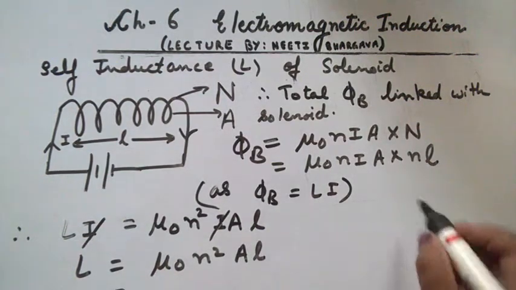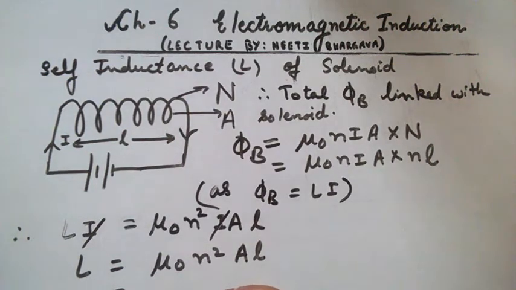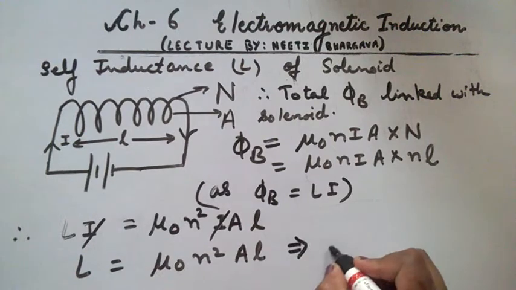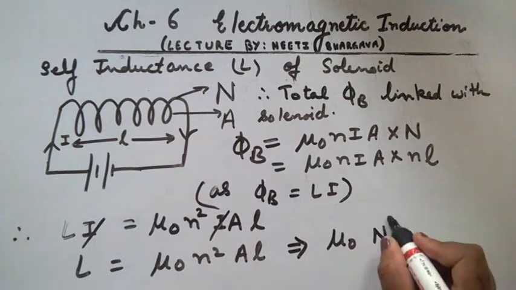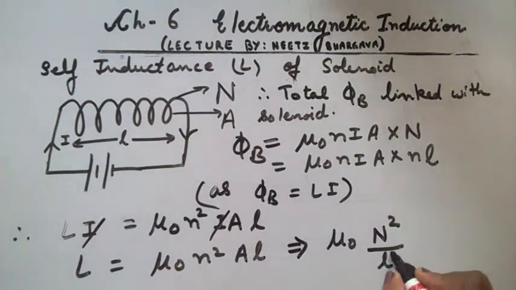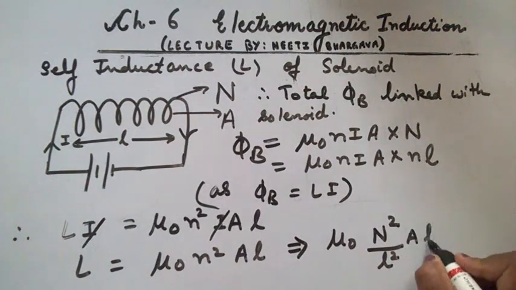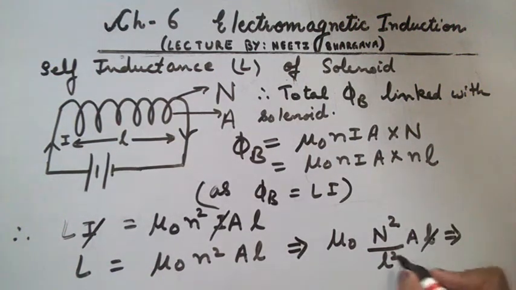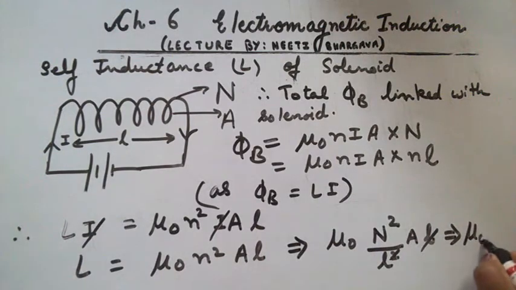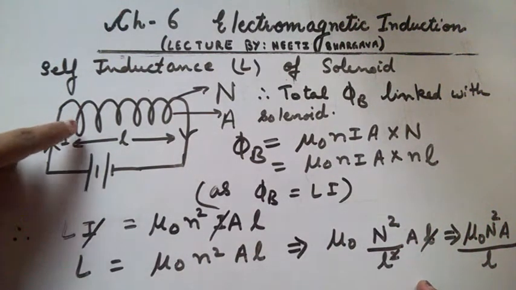As we have studied that capital N equal to n into l, therefore n equal to capital N by small l, or we can write mu naught N square by l square into A l. The final value is mu naught N square A by l, equal to L, when air is filled in the solenoid.